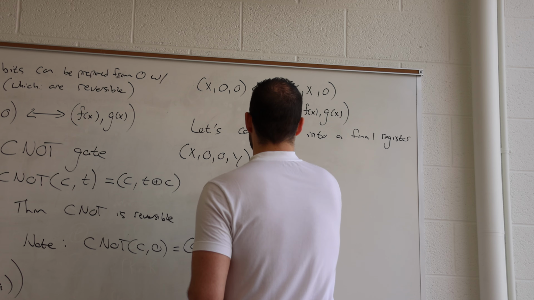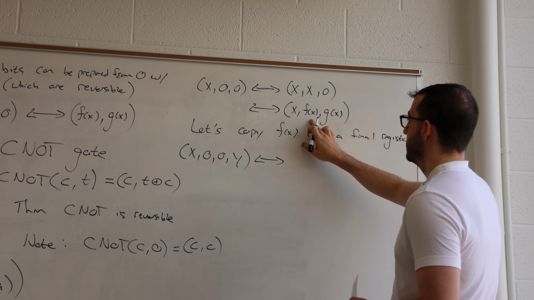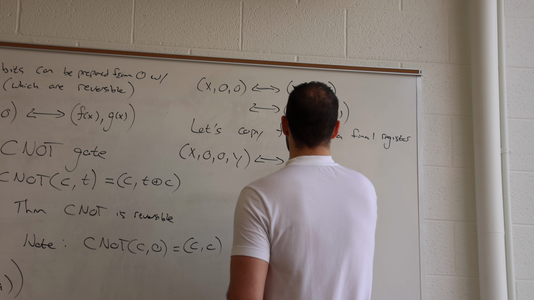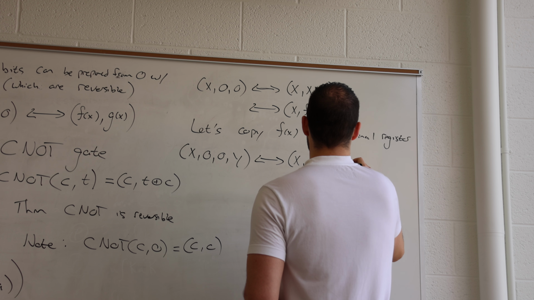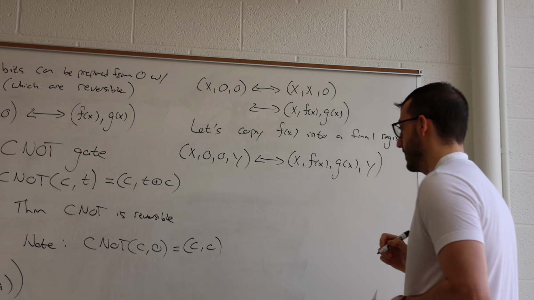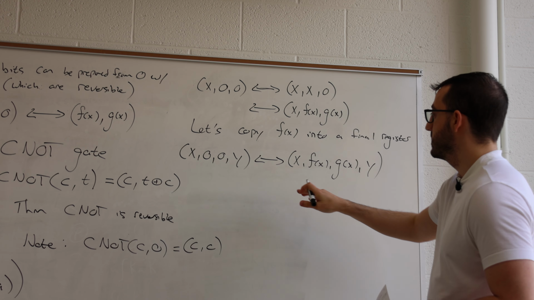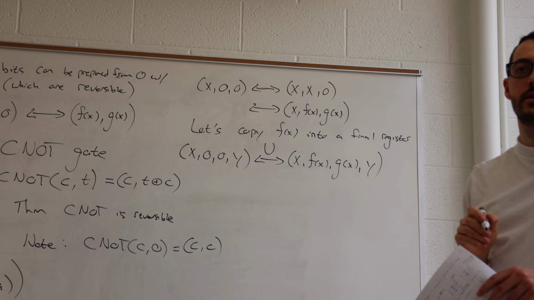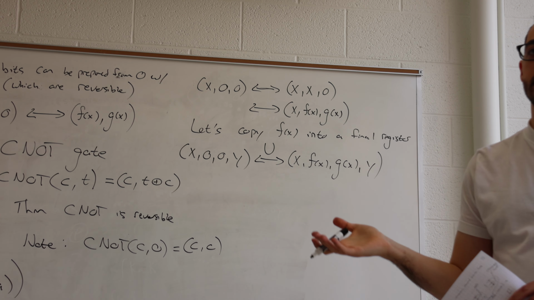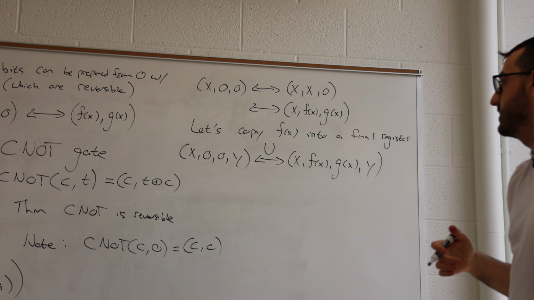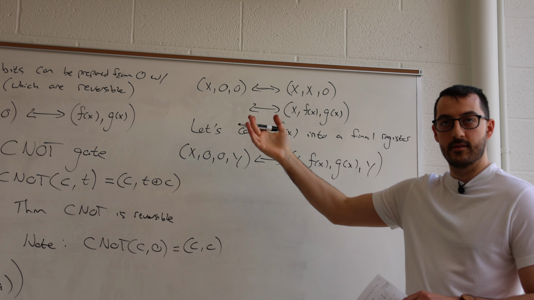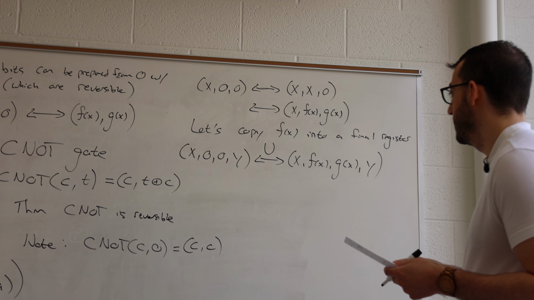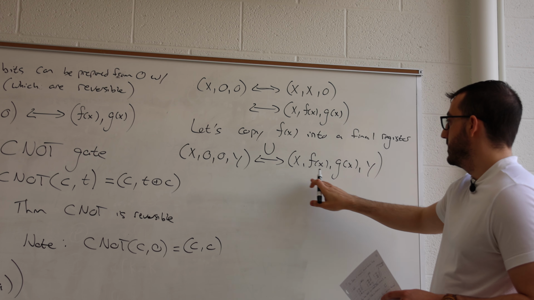So the final construction will be x, 0, 0, y as our inputs. I will first evaluate this. We wrote it as 2 steps before, but I'll just write it in 1 here. So this will be x, f of x, g of x, and then the y was just hanging around. Let's call the circuit that does this u, with the understanding that u is reversible. So I'm able to do its inverse, u inverse. Okay. Starting to use this notation because this is leading us into quantum circuits where everything will be unitary and reversible. All right. So we just showed that we can do this construction.